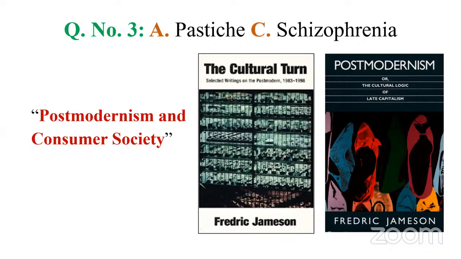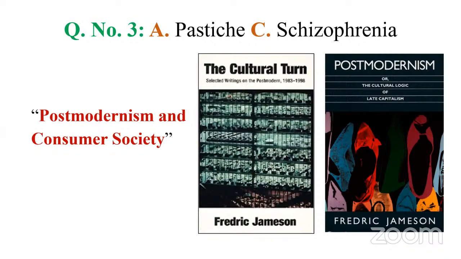And if you read this essay, Frederick Jameson says postmodernism has two prominent features. Number one, pastiche. Number two, schizophrenia. So they're not just concepts discussed by Frederick Jameson. Frederick Jameson says pastiche and schizophrenia are two prominent features of postmodernism.